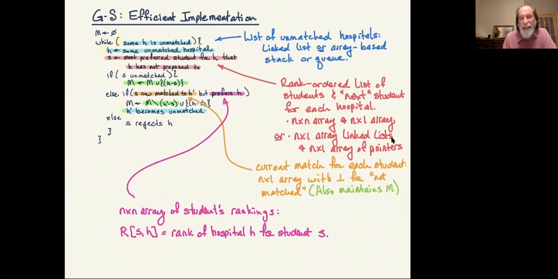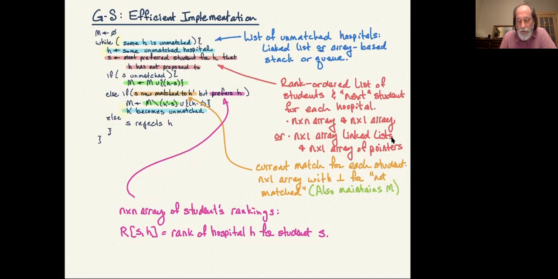To take some H that has been matched and make it unmatched again. Okay, so we need something that holds our collection of unmatched hospitals, and we need to be able to remove an element or add an element in big O of 1 time.